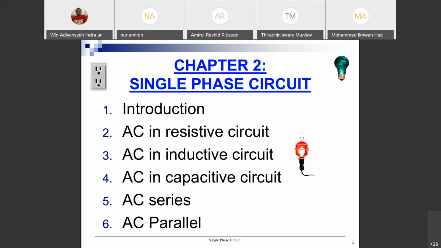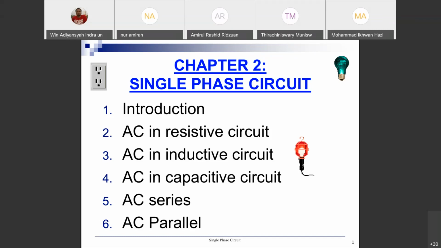Chapter 2 is single phase. If you remember our lab 2 last time, at the power source below you have L1, L2, L3, and neutral N. If you connect only L1 and neutral, that is single phase.